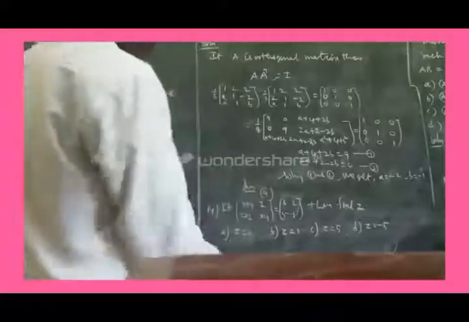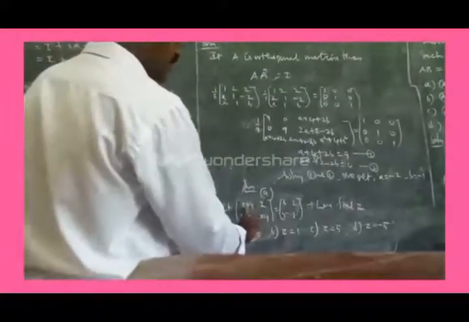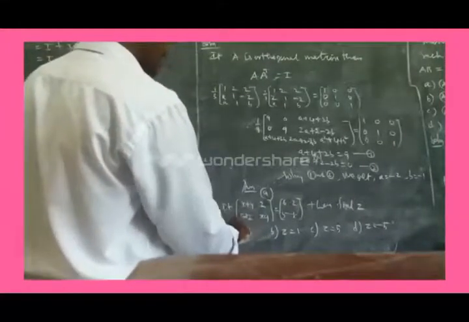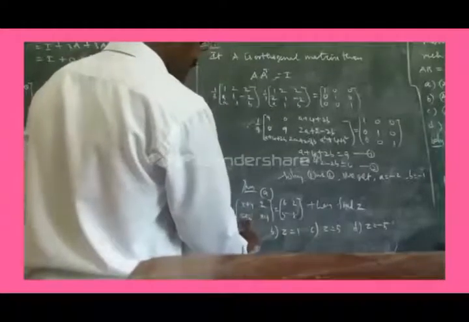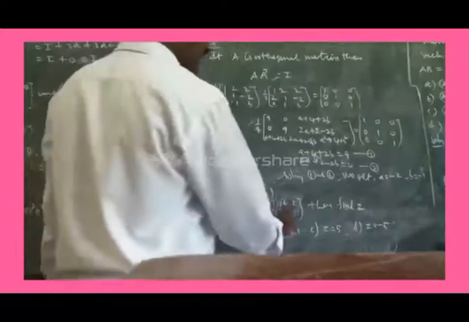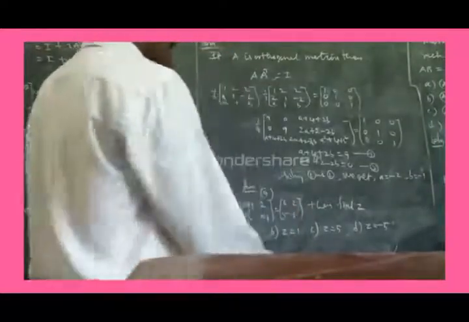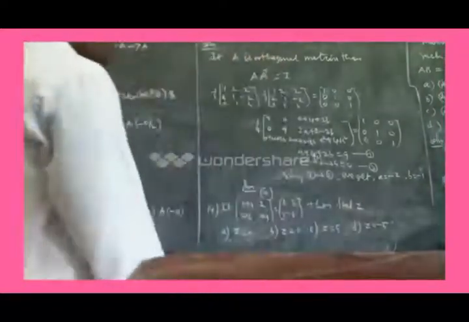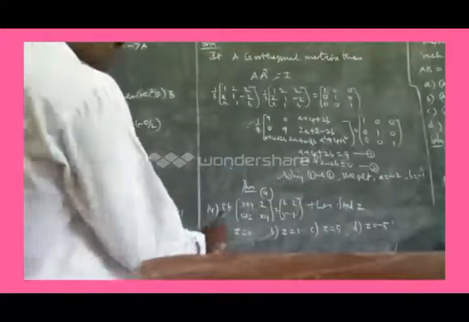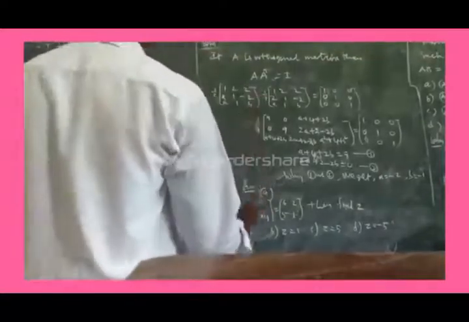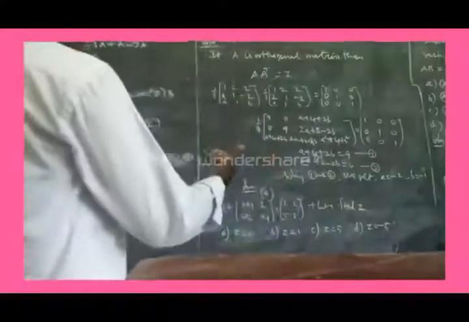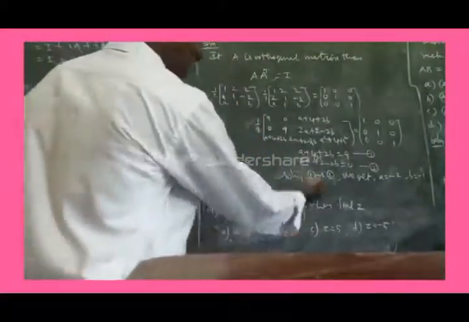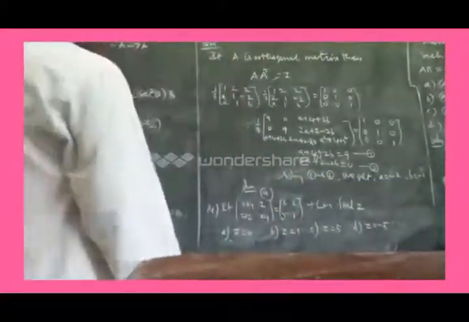14th one, given the matrix X plus Y, 5 plus Z, X Y equal to 6, 5, 8, then find Z. So left side equal to right side.